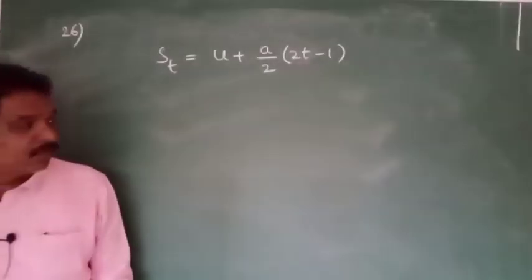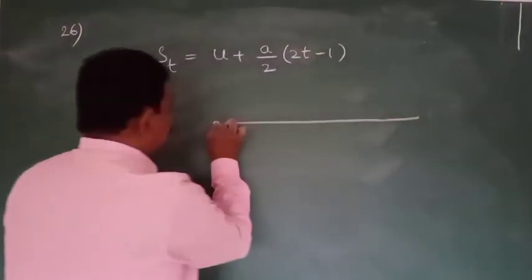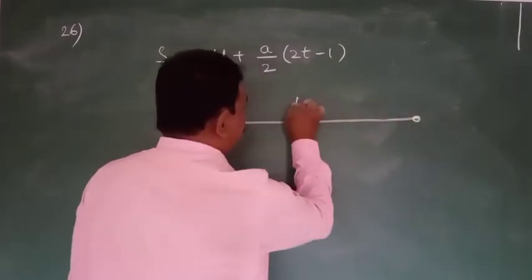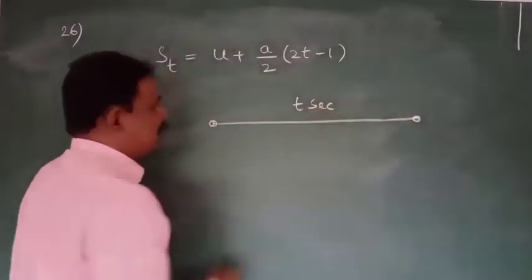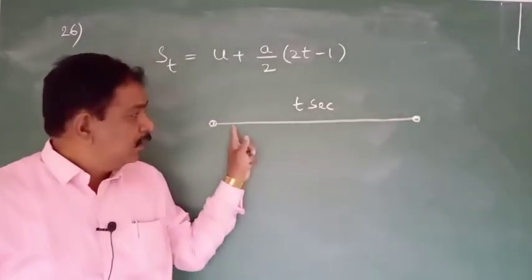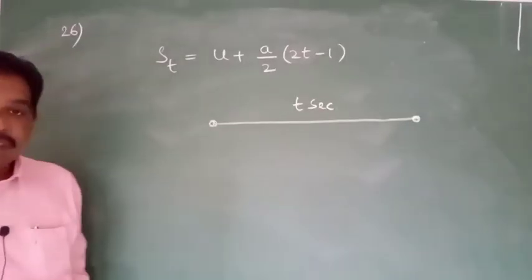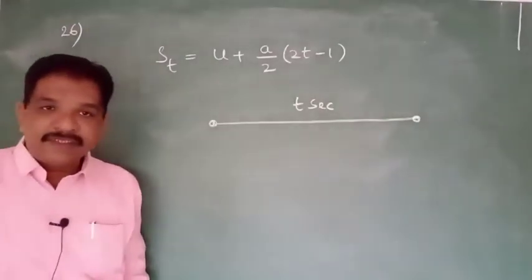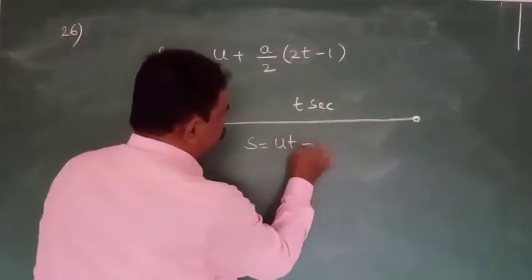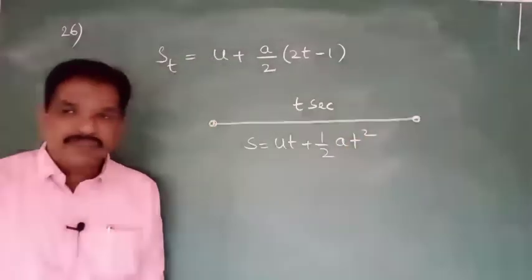A body is moving like this. From here, in the time of t seconds, it came to here. Then to find this total distance in t seconds, that is the displacement of the body, we have to use s is equal to ut plus half at square.